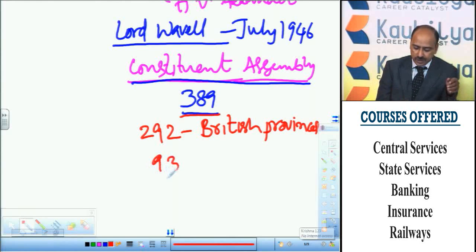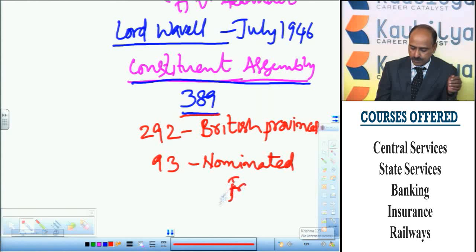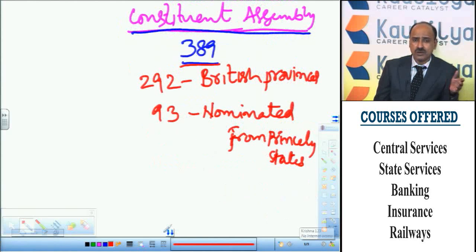Next, 93 members are nominated from princely states. More than 550 princely states were located in our country. From those princely states, 93 members were nominated.